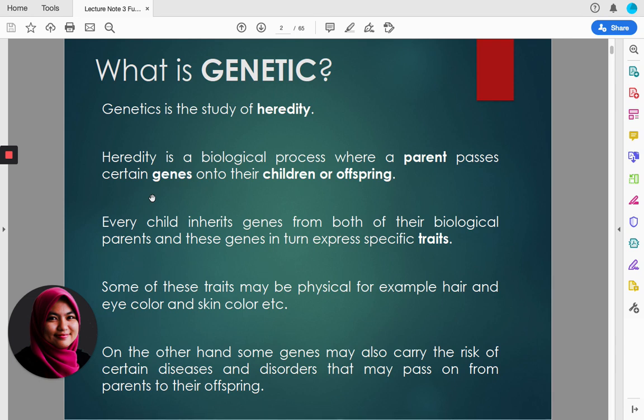Some of these traits may be physical, for example the hair color, hair type, eye color, and skin color. On the other hand, some genes may also carry the risk of certain diseases and disorders. They may pass on from parents to their offspring, for example thalassemia and so forth.